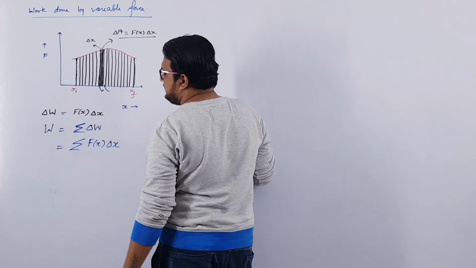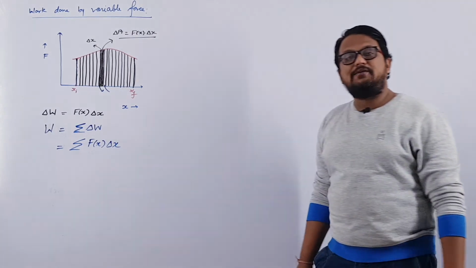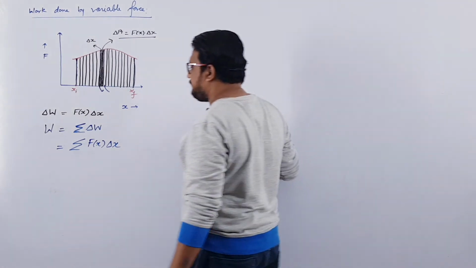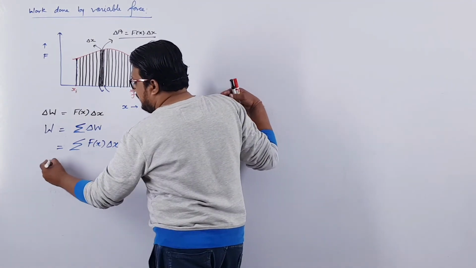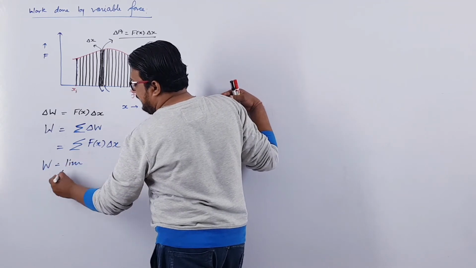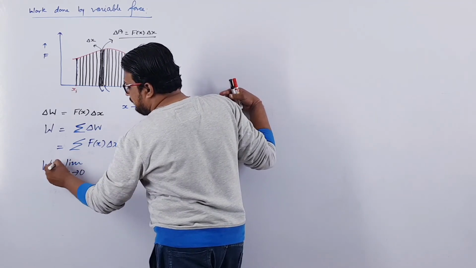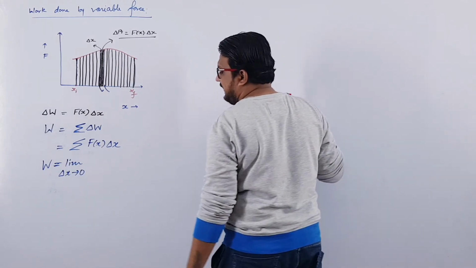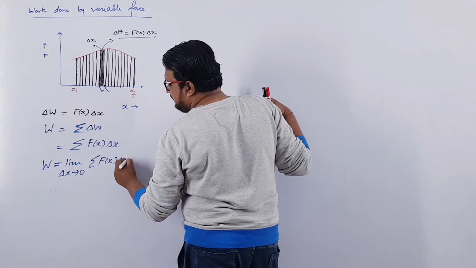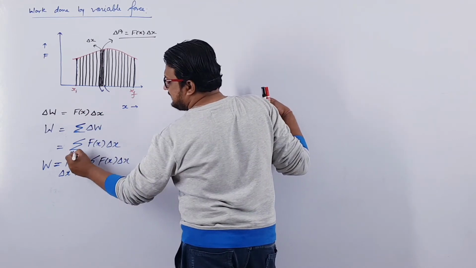It is not necessary that you write F of x here. Just F of x represents that the force is along the x axis only, a one-dimensional force. So W will be equal to, if we take the limit delta x tends to 0, for very small displacement delta x, the sum of F of x delta x, with the initial position, you can write, from xi to xf.